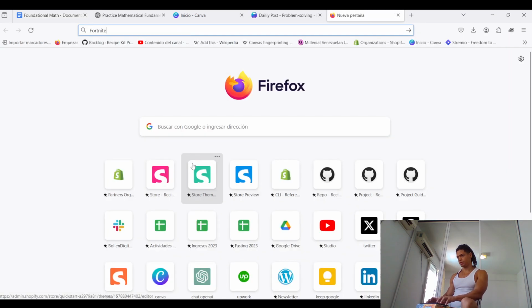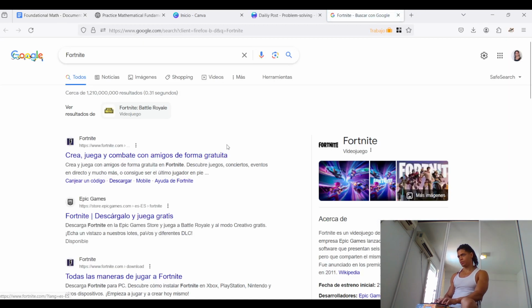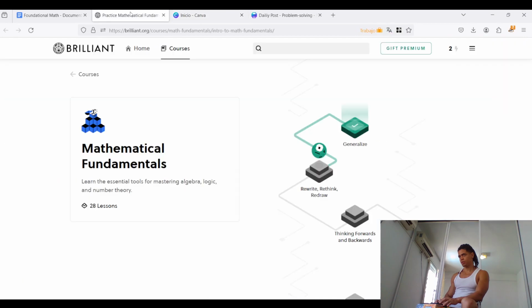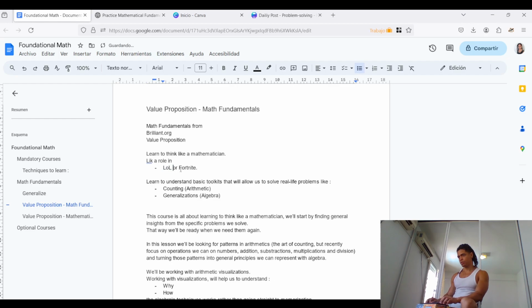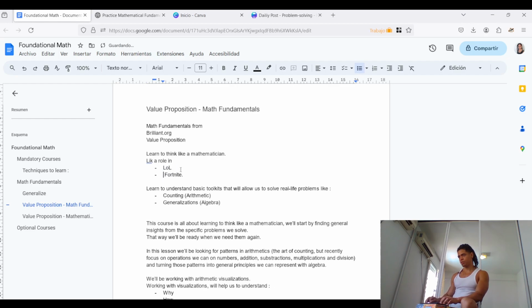I think it says Fortnite, I think you wrote it, yeah. A role in LOL or Fortnite, right? Learn to think like a mathematician, like a role in LOL or Fortnite.